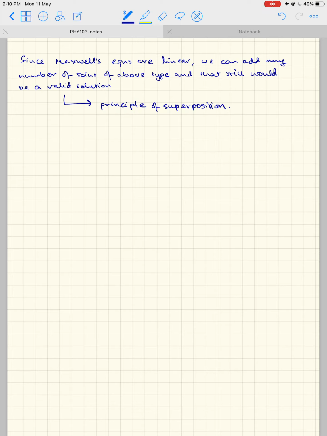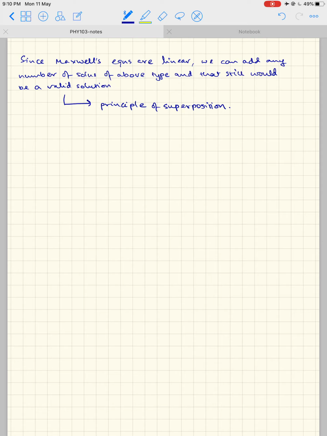Okay, so this linearity of Maxwell's equations also encourages us to write down some new notation, which might look a little strange at first.